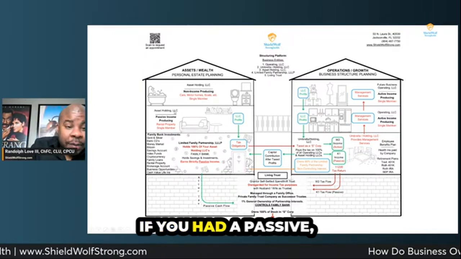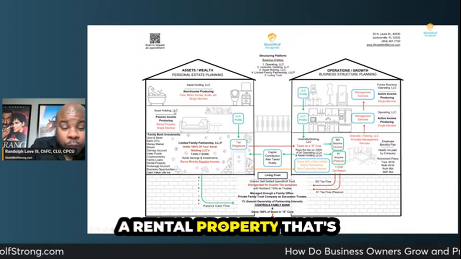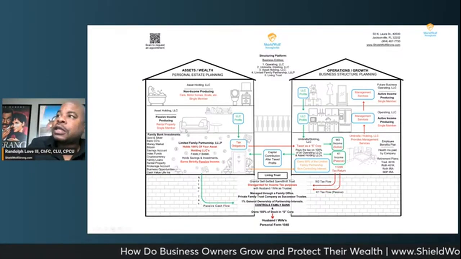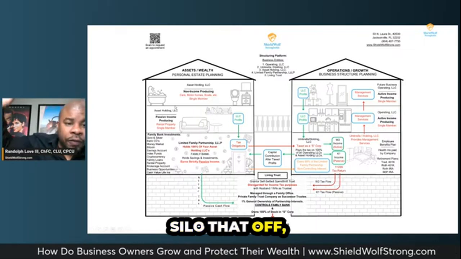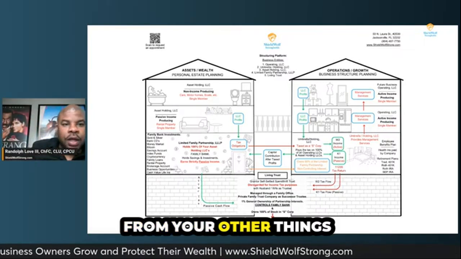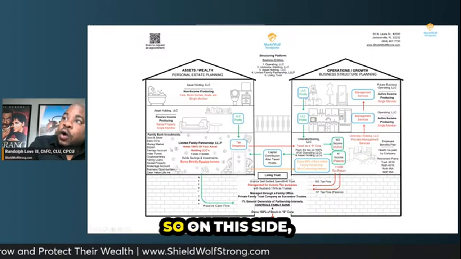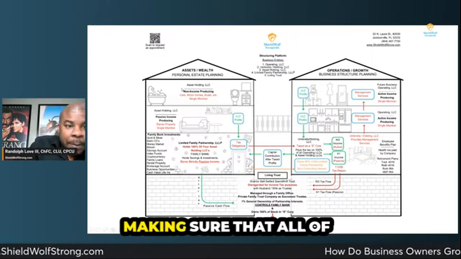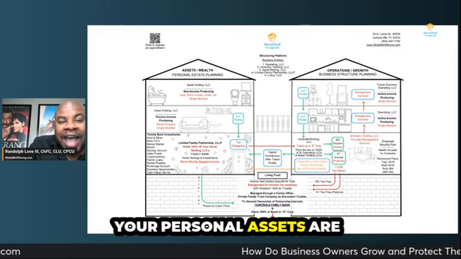However, if you had a rental property, that's considered passive income that has some inherent liability. So you might want to silo that off from your other things that you have. So on this side, your passive income, you are making sure that all of your personal assets are taken care of.